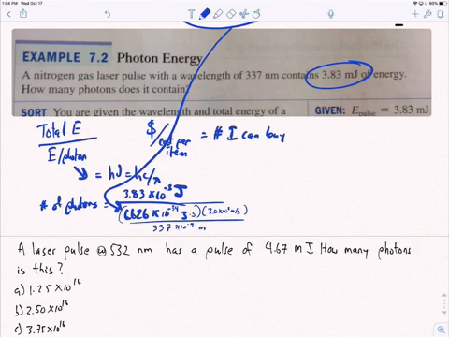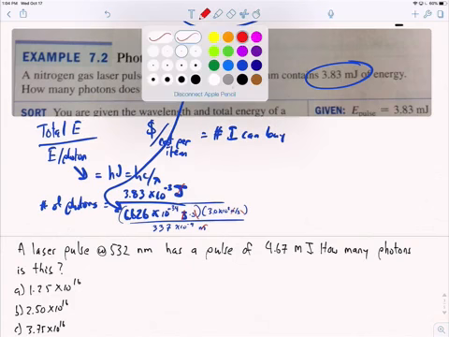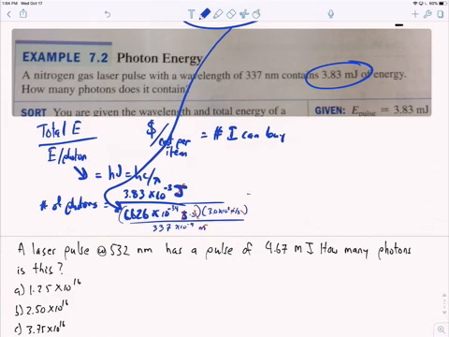Okay, then we start to put in our calculators. Let me talk about units. The joules cancel, the seconds cancel, and these meters cancel. So we're left with just a plain old number with no units.